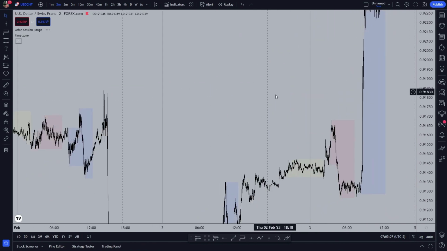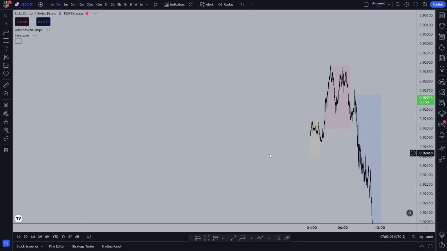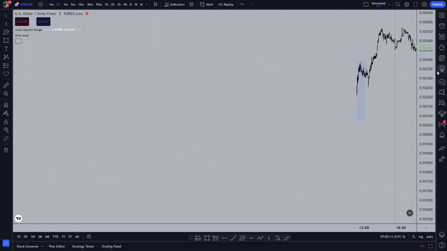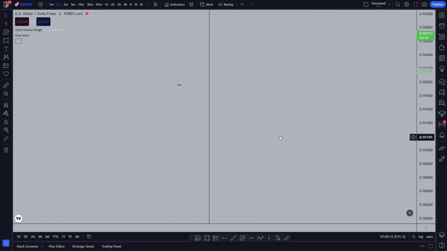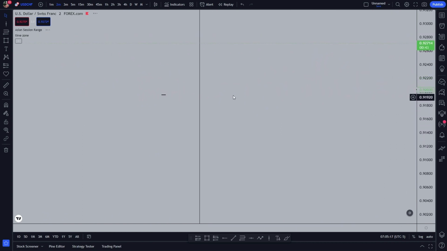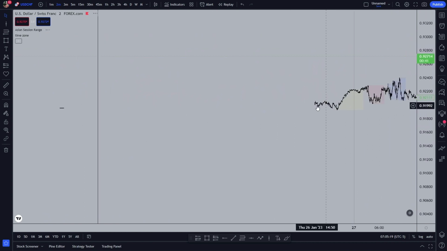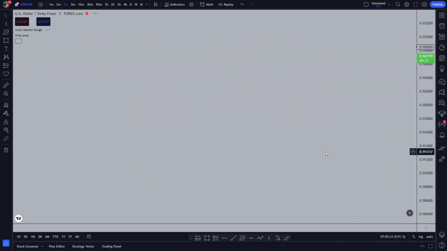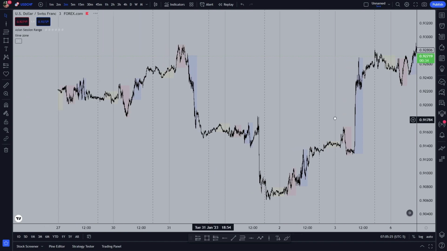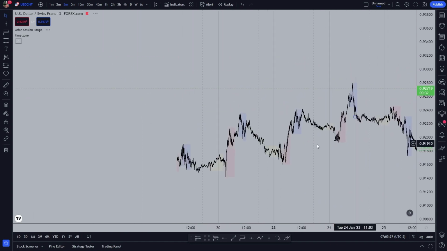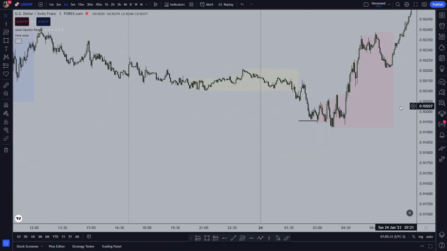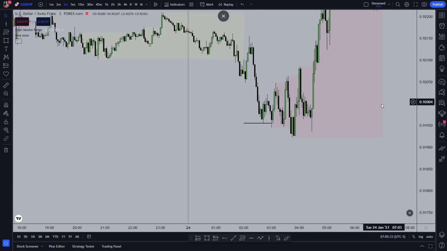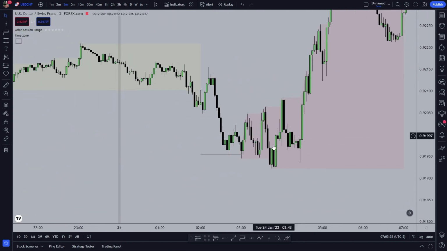Yes, we can. No, we cannot go that far. Yeah, see over here. So on the 3-minute chart, let's see. Yeah, there was no fair value gap, but this is how it works, okay?